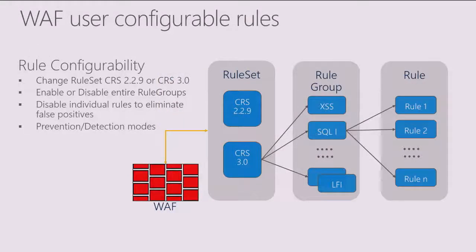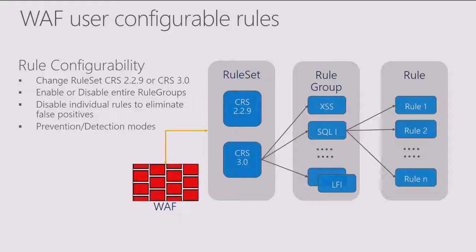Now, as I mentioned, to eliminate false positives, one of the key requirements which we took care of from preview to GA time was allowing rule configurability. So you can see that a rule set like CRS 2.2.9 is composed of various broad rule groups, for example, cross-site scripting, SQL injection, or protocol violations.